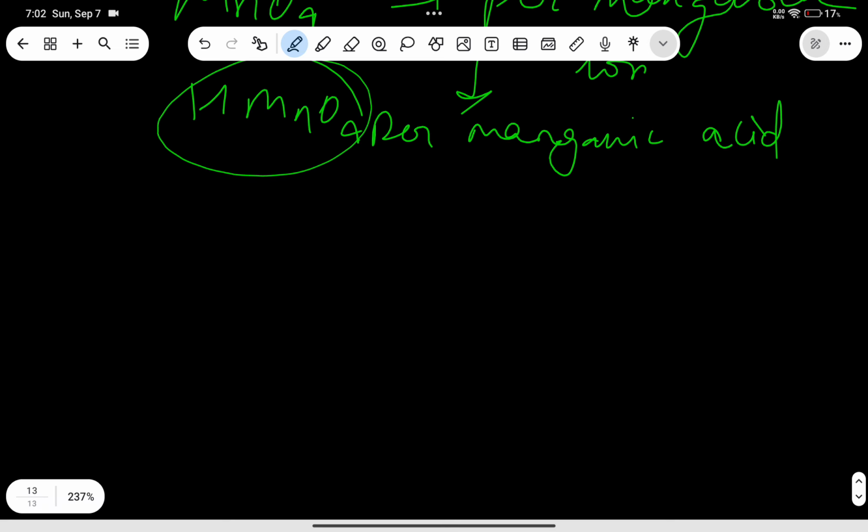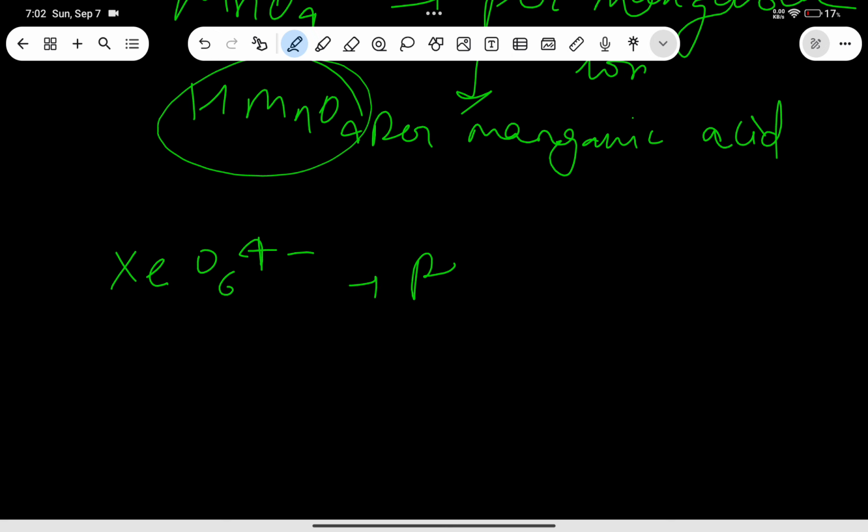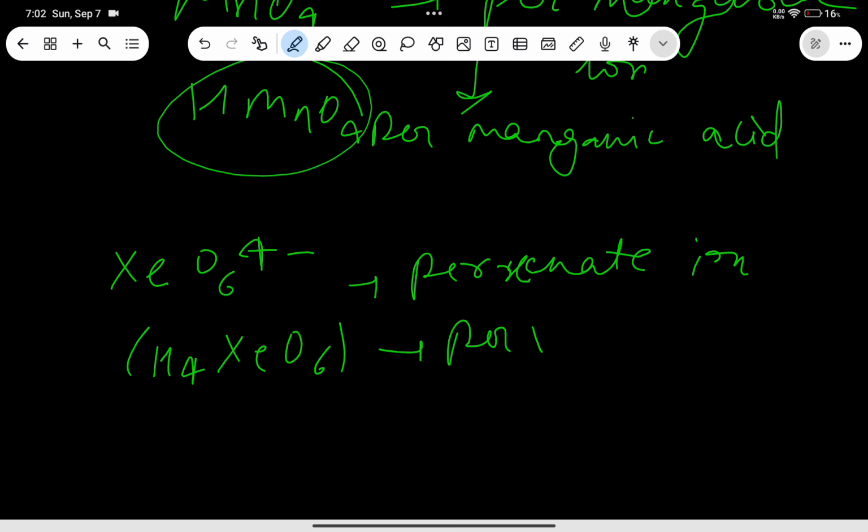Alright, two more examples, please bear with me because I am also putting in my efforts. See, XeO6 4 minus is the perxenate ion, and this is derived from H4XeO6, perxenic acid.